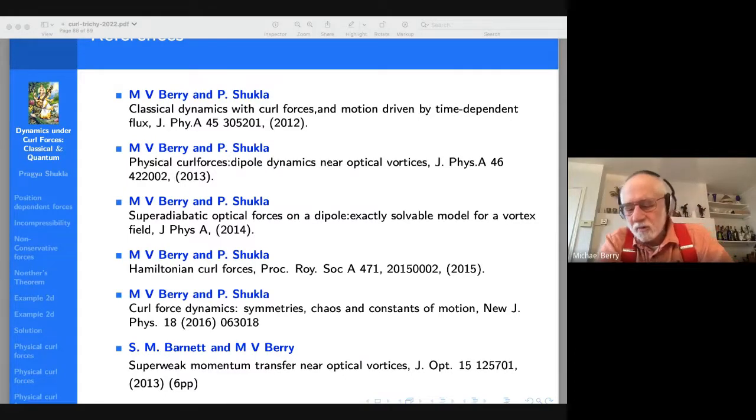But it's such a good approximation that we felt we first ought to understand the complexities you can get with monochromatic waves, which already, as Pragya showed, are quite considerable, before we would consider the tiny effects of non-monochromaticity. I'm sure it would give more complex dynamics, but first we should understand the monochromatic case. It's complicated enough. This is our attitude. If you have a motivation to study non-monochromaticity, then of course do it.